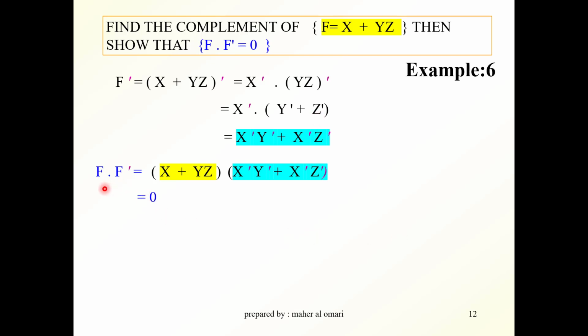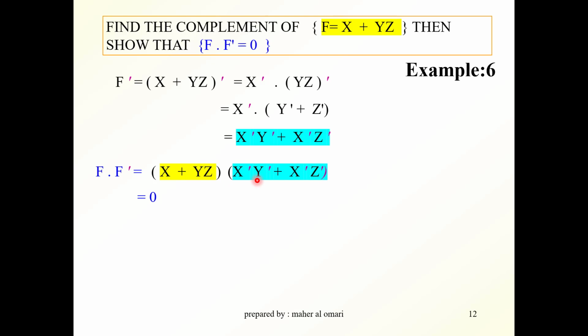Now let's find out what F ANDed with F bar is. This is F and this is F bar. Notice that X ANDed with X bar is equal to 0. So this part of the term goes to 0. X ANDed with X bar goes to 0. So this is also equal to 0. Now if we AND this with this, we have Y ANDed with Y bar.